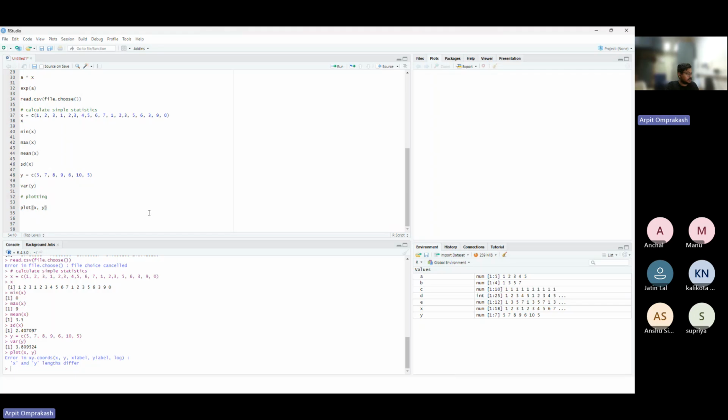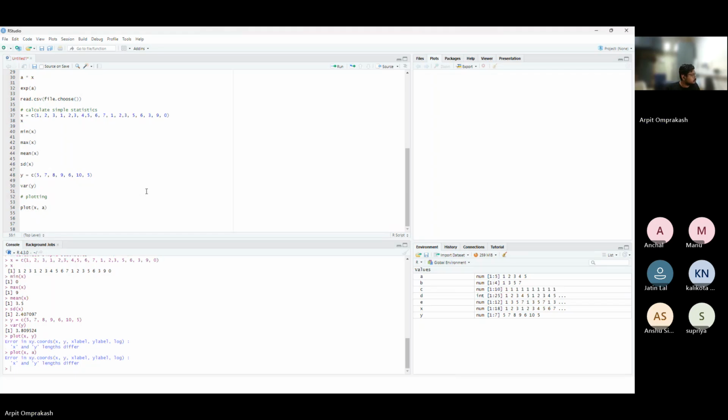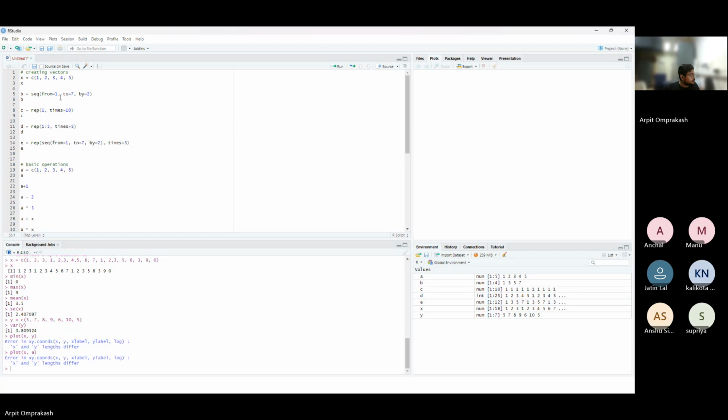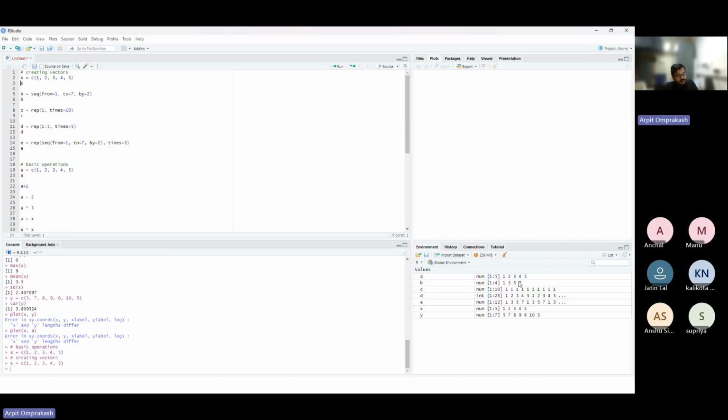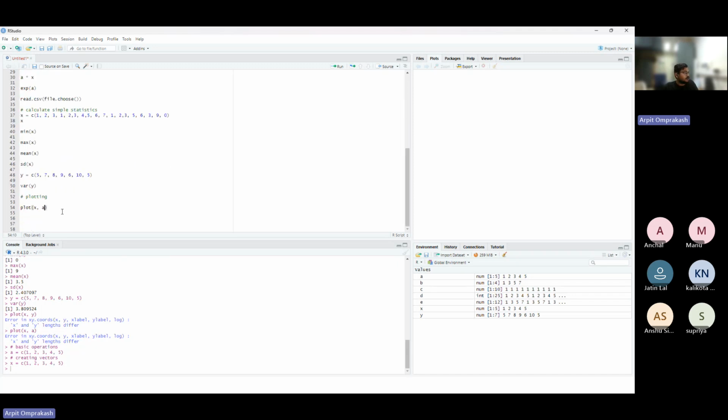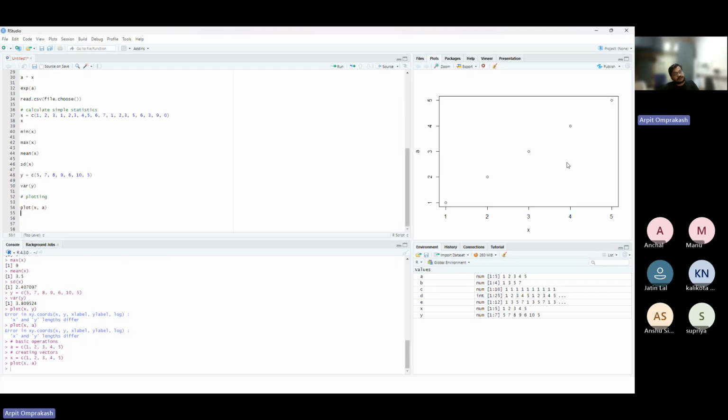So x and y, I will have the x, and will run this again. We are redefining a and x, so you can see that it is updated here. A and x have changed. Now we say plot this, we get this plot here.